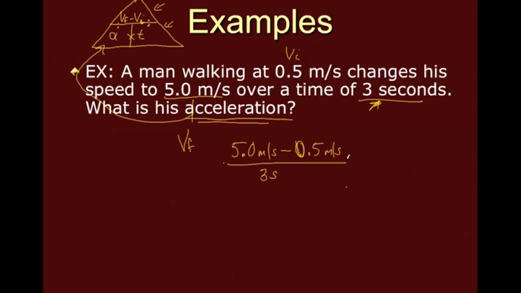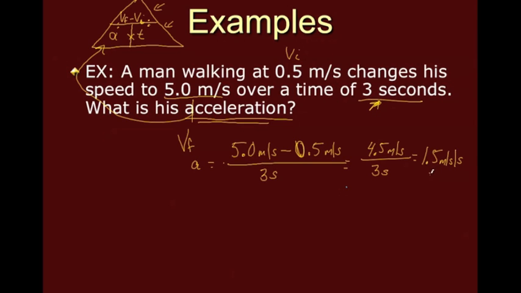Okay, so when we calculate this out, you have 5.0 meters per second minus 0.5 meters per second, which equals 4.5 meters per second, divided by 3 seconds. Okay, so the acceleration is equal to 4.5 meters per second divided by 3 seconds, which is 1.5 meters per second every second.